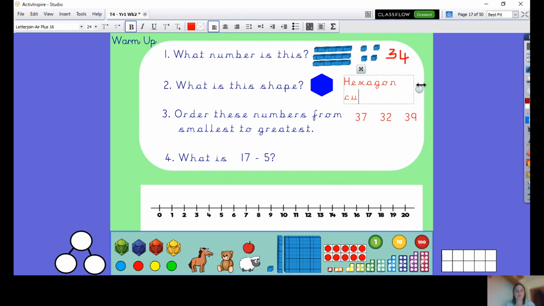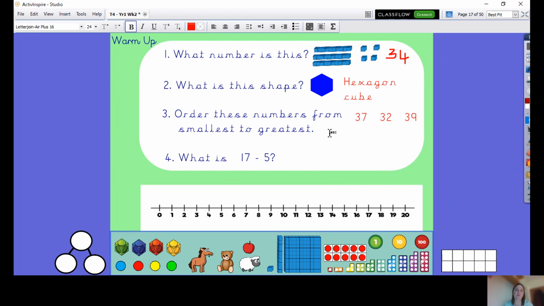But then also, if you're able to see it at certain angles, you might say that it is a cube. It looks a little bit like one of our ones here from our place value things.